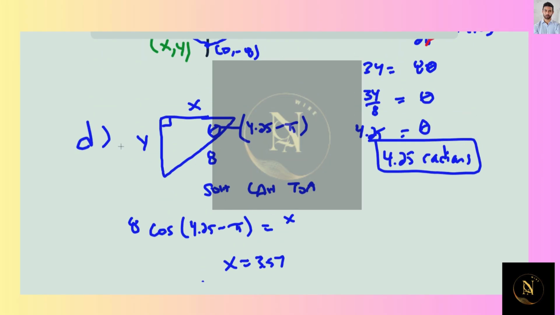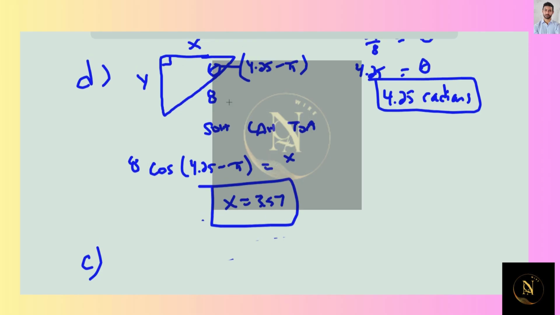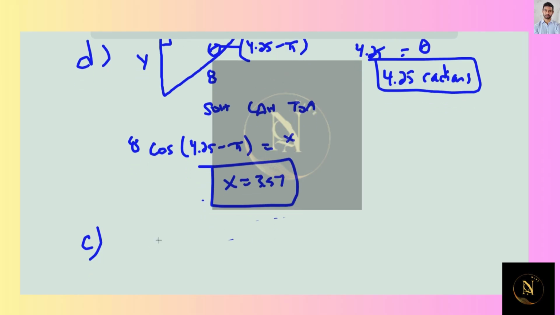I found x first, but we needed to find y first. So now I'm going to do C. C would be using sine, because y is opposite, and we have the hypotenuse 8. So we can say that the sine of the angle, 4.25 minus pi, is equal to opposite over hypotenuse.